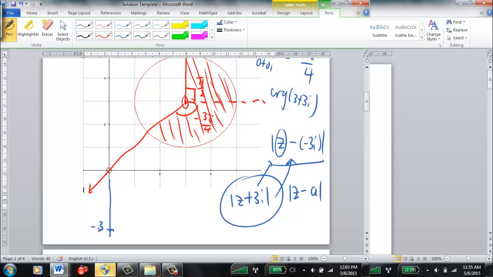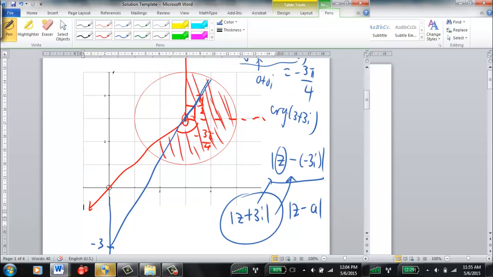Now, you know that I need to draw a line from negative 3i all the way to z. And for me to get the longest distance, I have to pass through the center of the circle. Correct? The blue line represents the longest distance.